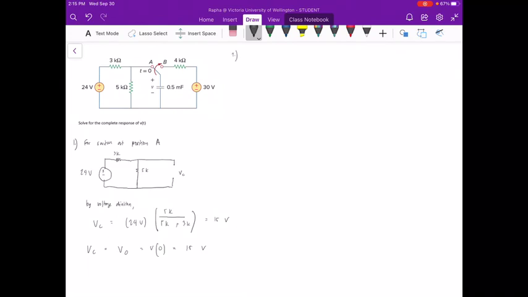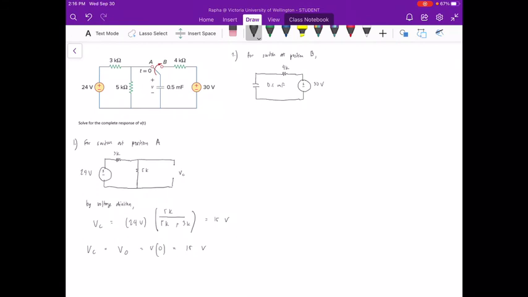The second part is for the switch at position B. We will redraw the circuit once again because the left side of the switch will not have a bearing on what the circuit looks like. So we will redraw this time with the capacitor, 0.5 millifarad, then the 4 kilo ohm resistor, then the voltage source, which is equal to 30 volts.